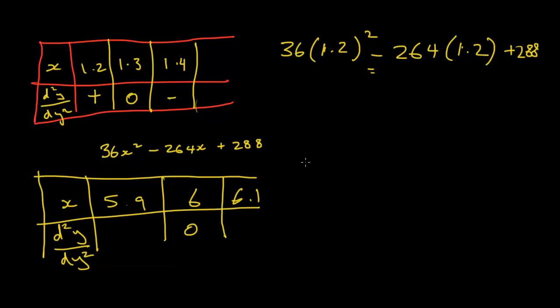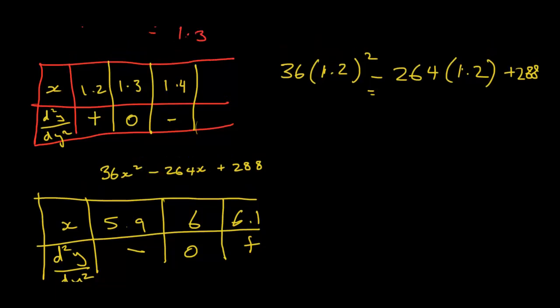So here we go, 5.9, which is equal to a negative. Then we've got 6.1, which is equal to a positive. That's also good news, confirms that it's a point of inflection.